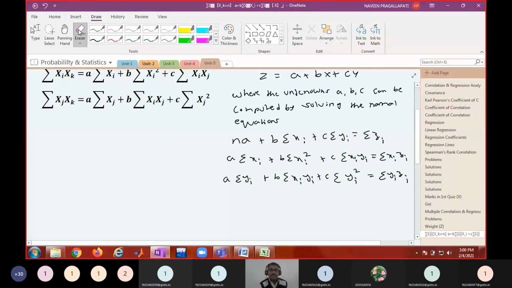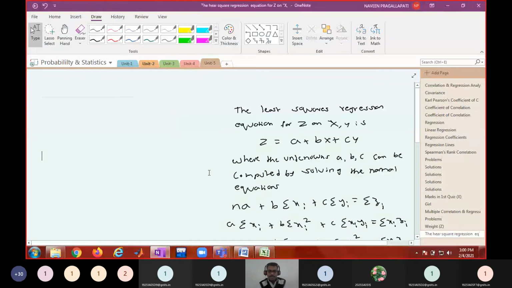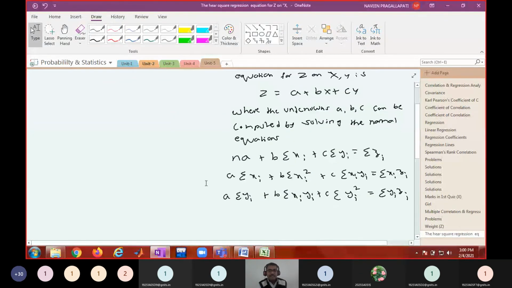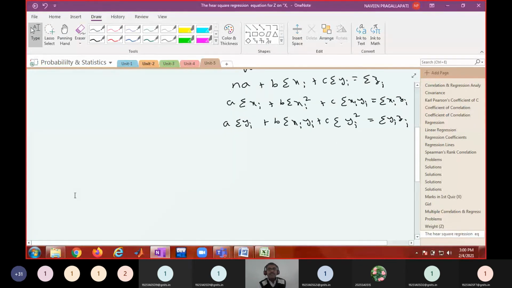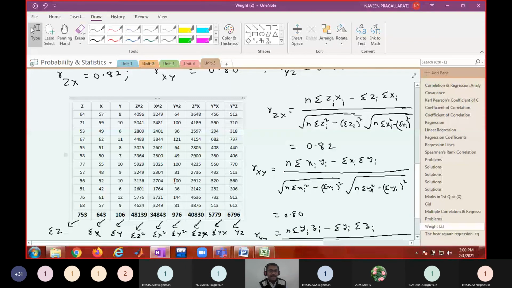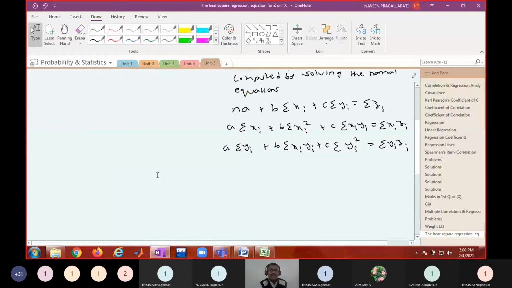Okay, now you can erase this. The table is readily available here, right? By looking at this table, we can write down these normal equations. So n is 12 here.